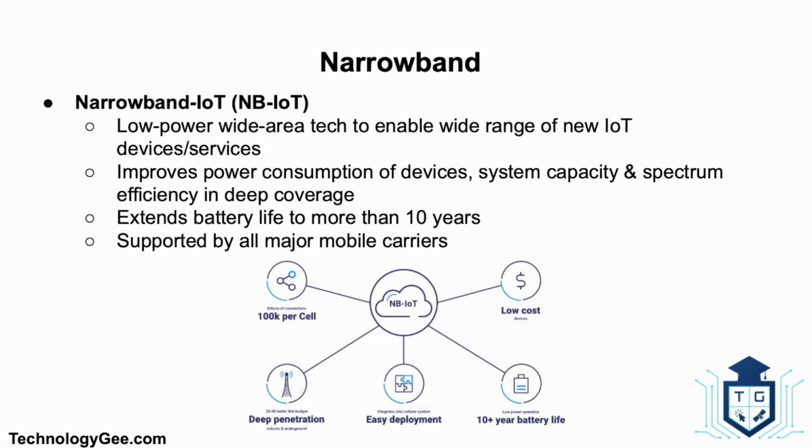NB-IoT is also supported by all major carriers, along with chipset and module manufacturers, which can coexist with 2G, 3G, 4G, and 5G mobile networks. It also benefits from the identity confidentiality, entity authentication, data integrity, and mobile equipment identification.